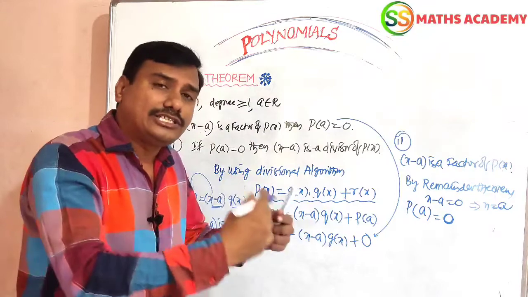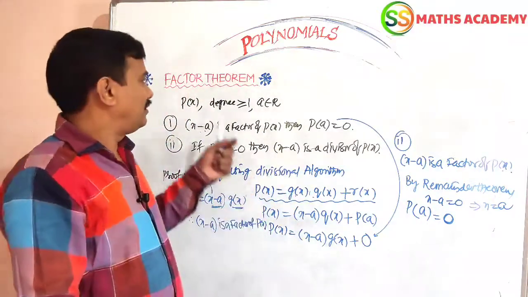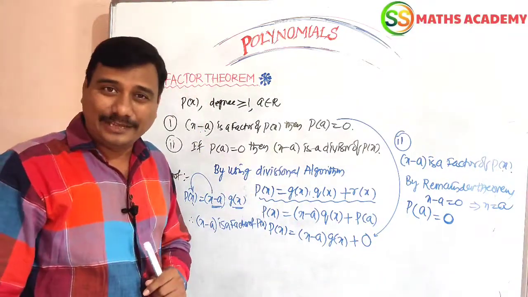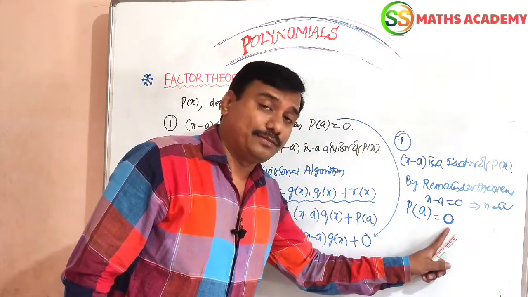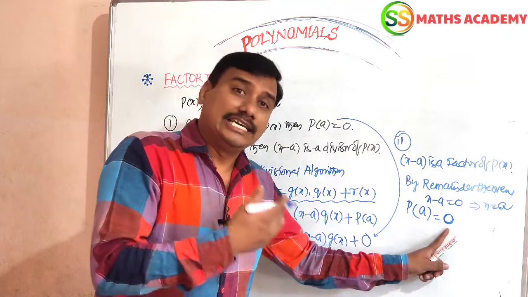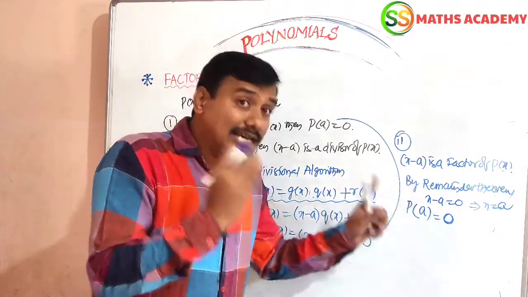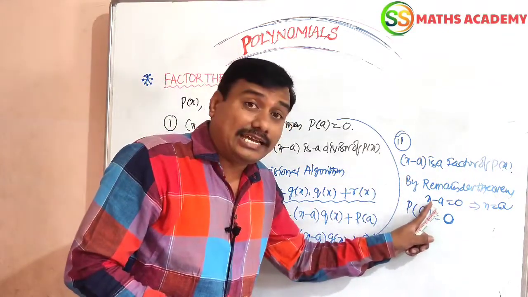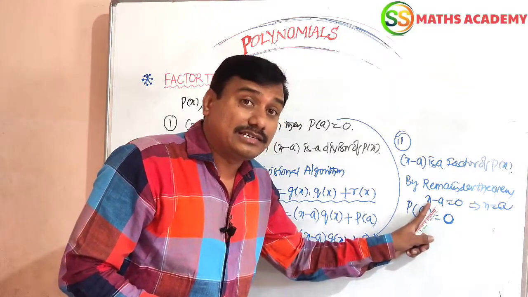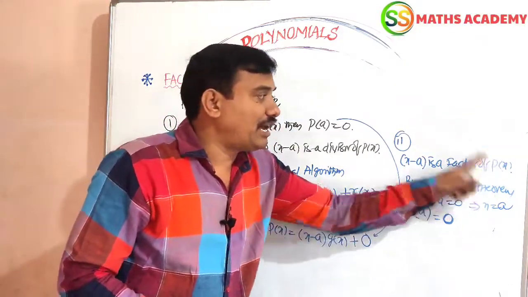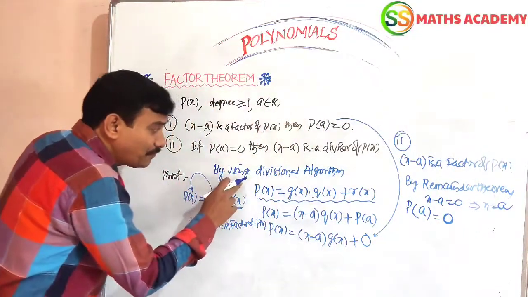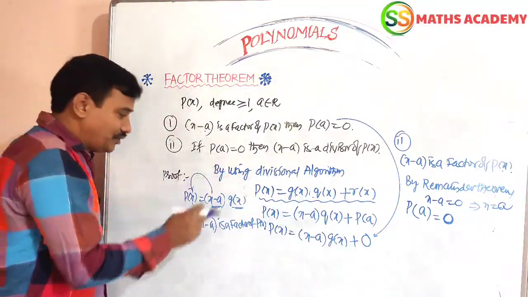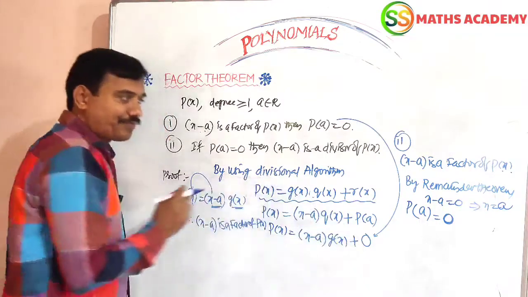These values come under the factor theorem only. When we get the remainder 0 by substituting the values, such a divisor is a factor of P(x). If it is a factor, we should get the remainder 0.